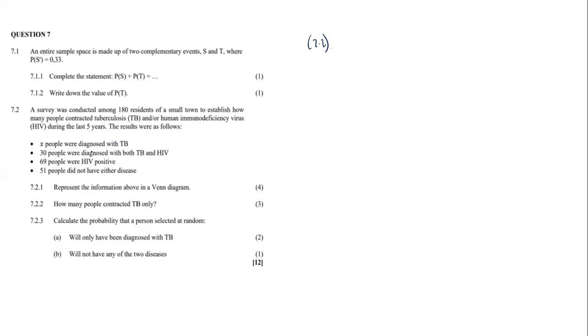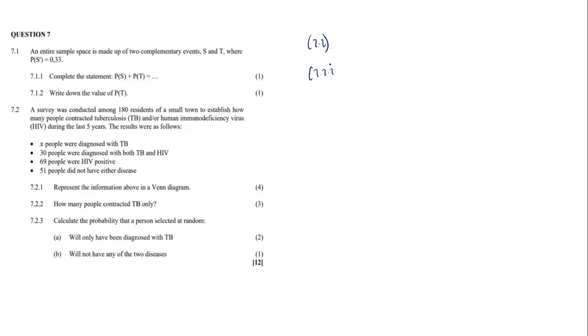X people were diagnosed with tuberculosis, 30 people were diagnosed with TB and HIV, 69 people were HIV positive, 51 people did not have either disease. Represent the information above in a Venn diagram, which is 7.2.1, for 4 marks. Then we'll read the other questions as we continue.